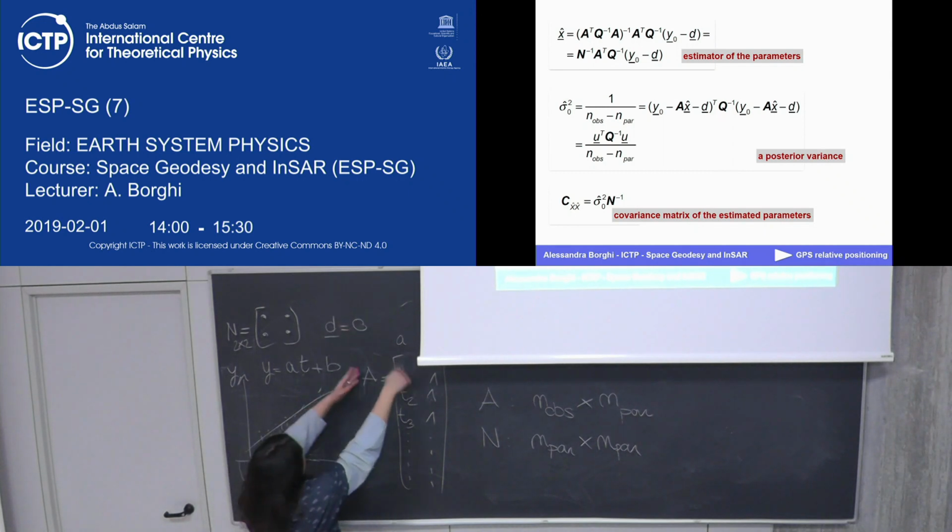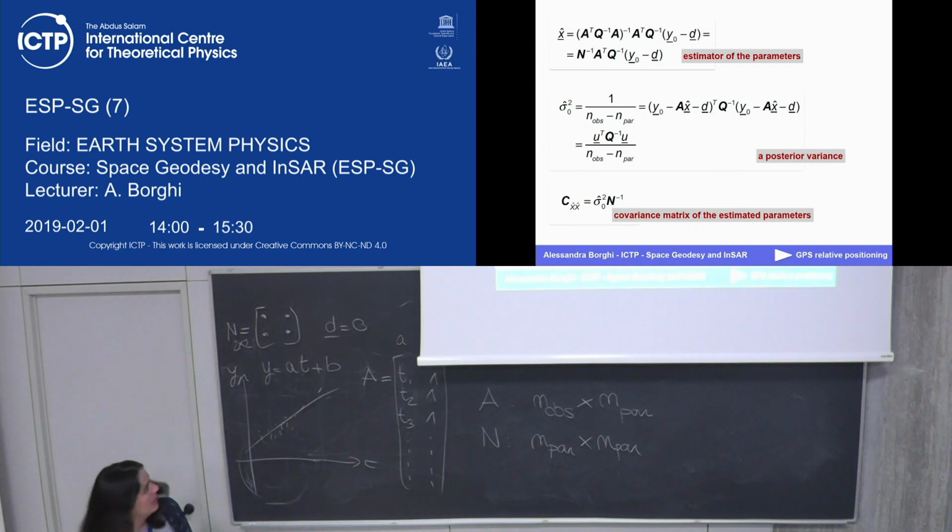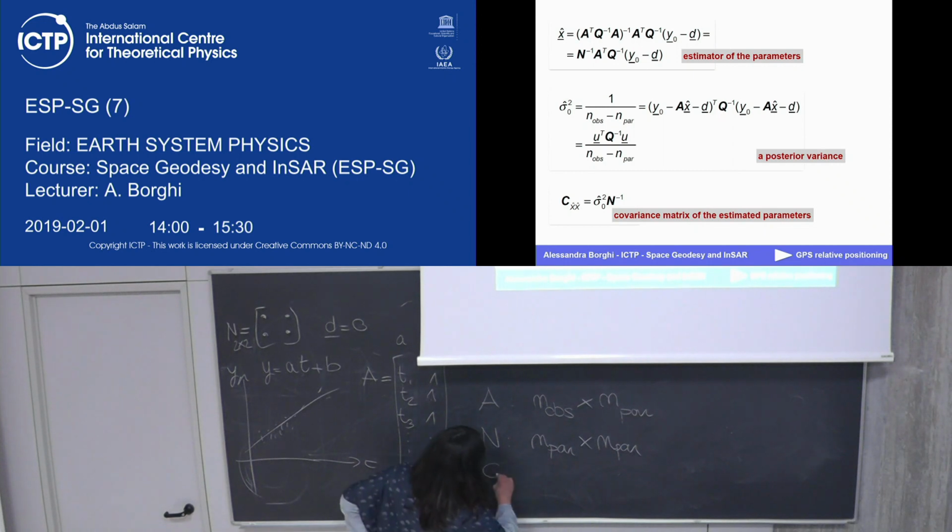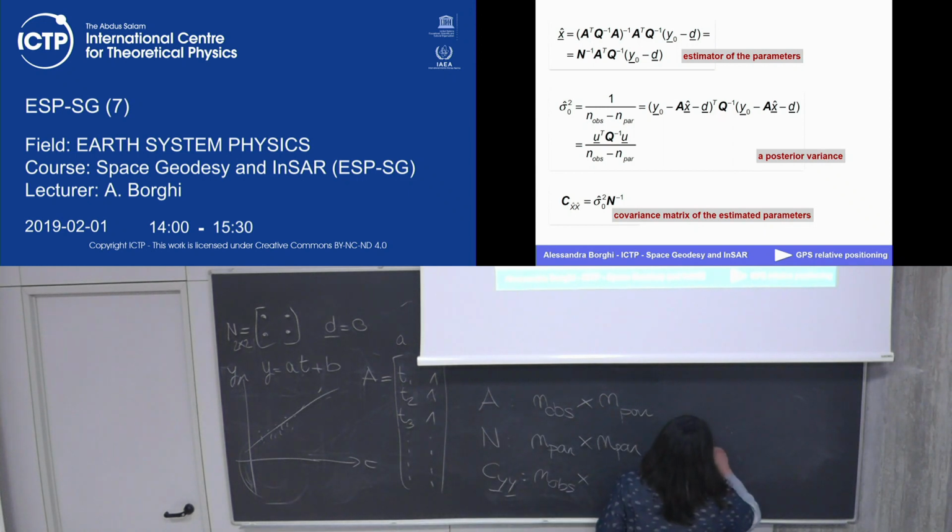We don't have any constant. So these are the dimensions, and the covariance matrix of the observations, of course, is given by the number of observations. It is a square, symmetric matrix. Also N is a symmetric matrix.